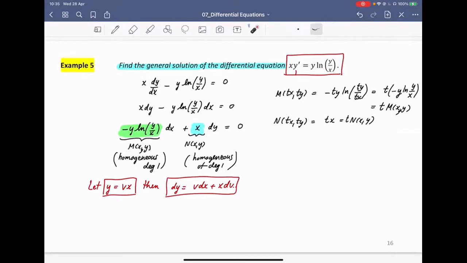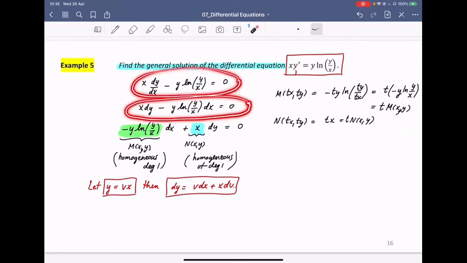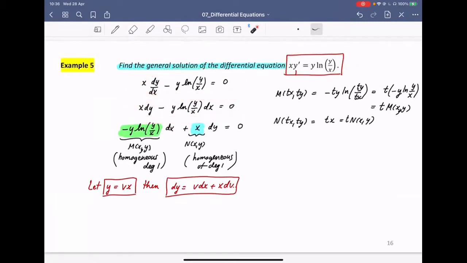So I'm going to start with the form that I circled here. You can start from whichever form you want, but pick the one that will give you a nice form when you replace. I just pick this one because it looks clean to me.